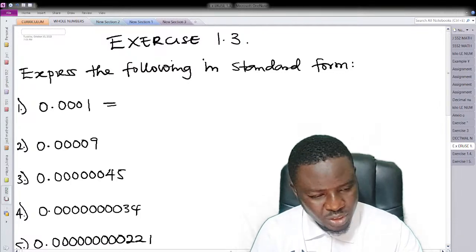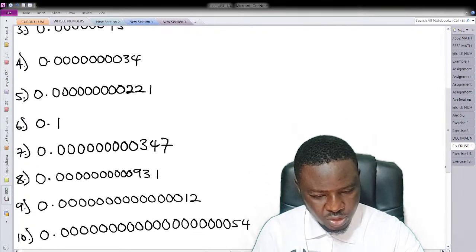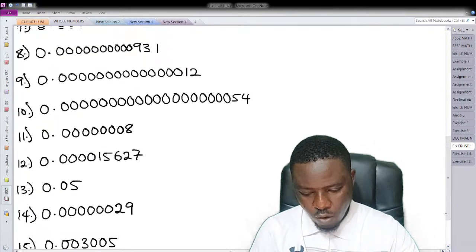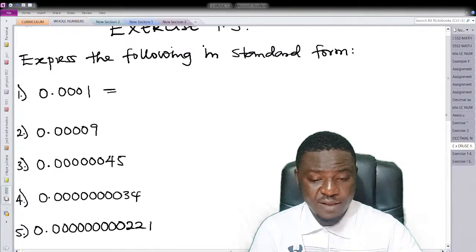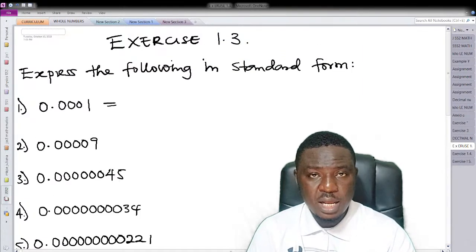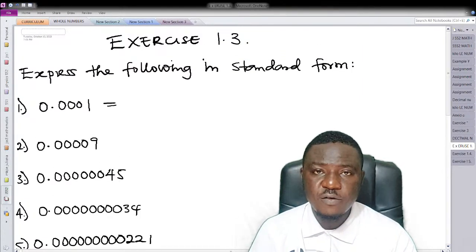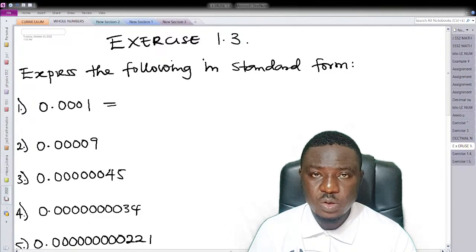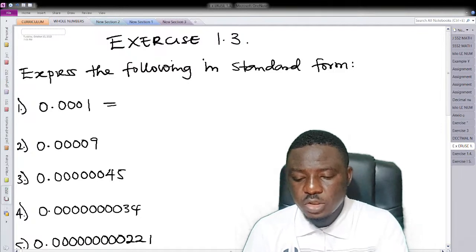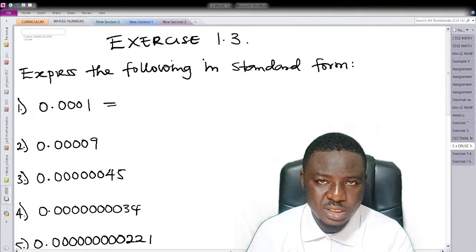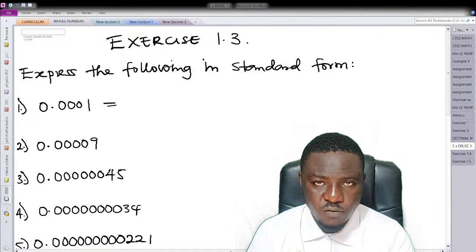I have about 15 questions. So I'm going to do 1 to 5 and allow Sarah to solve 6 to 15. Sarah, I believe that will be okay. Alright, so watch how I'm going to do this, and thereafter you will solve.